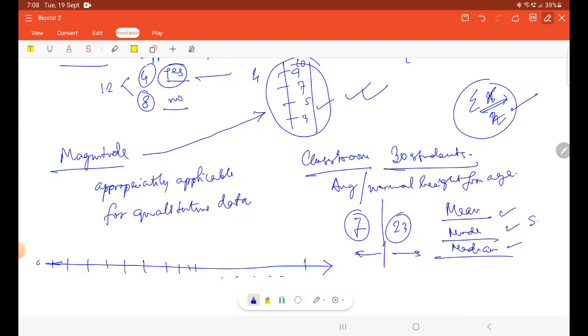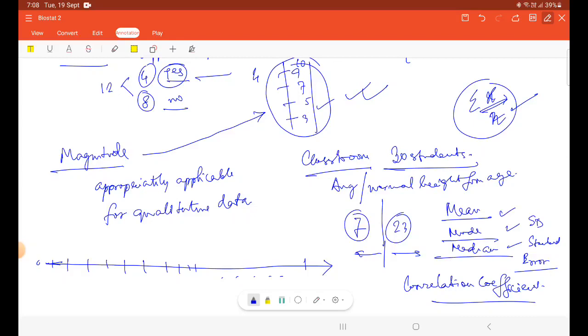Now from these we can also measure standard deviation, standard error, correlation coefficient. These can be measured from quantitative data. So this is the basic difference between qualitative data and quantitative data.